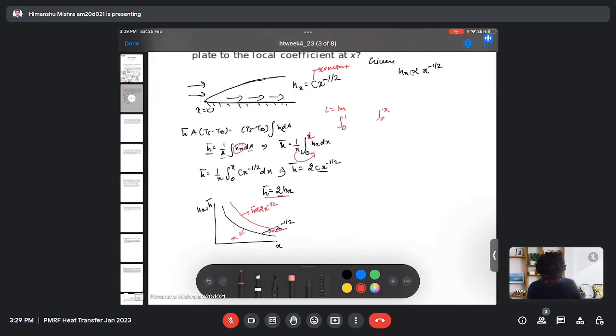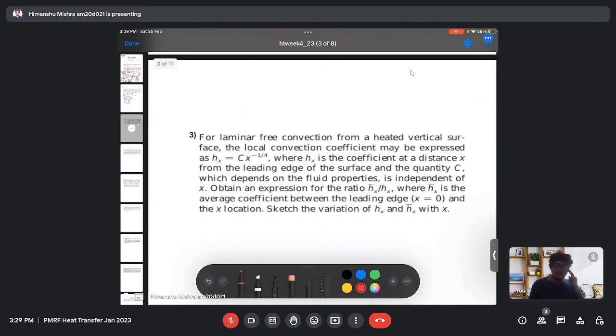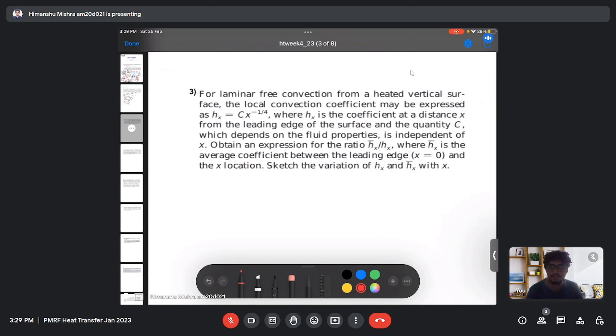So let's solve a similar problem again. Again, we have a laminar free convection problem, convection from a heated vertical surface. Our local convection coefficient is expressed in terms of x to the power minus 1 by 4, where hx is the coefficient at a distance x from the leading edge of the surface, and the quantity c depends on the fluid properties and is independent of x, so c is a constant.